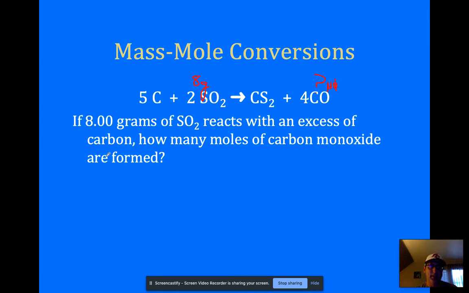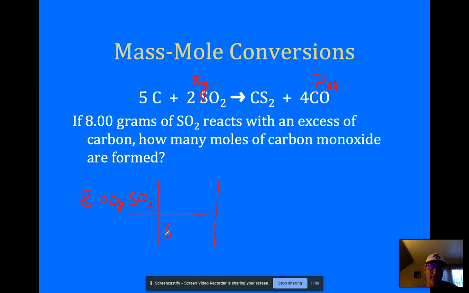All right, so let's start with our 8 grams of SO2. Okay, now we can't go straight to the mole ratio step. We have to get to moles first. So 1 S is 32.07 plus 32, 64.07.